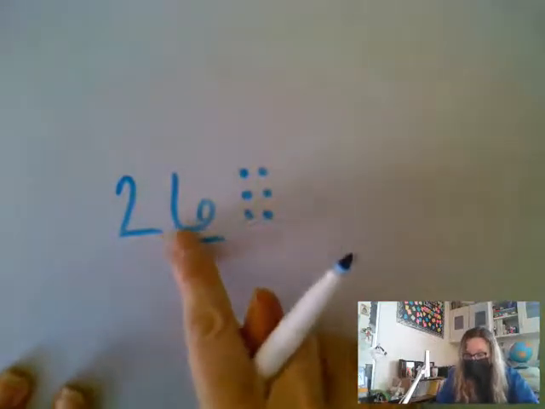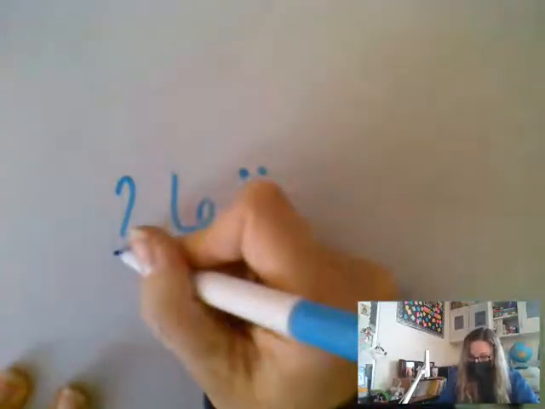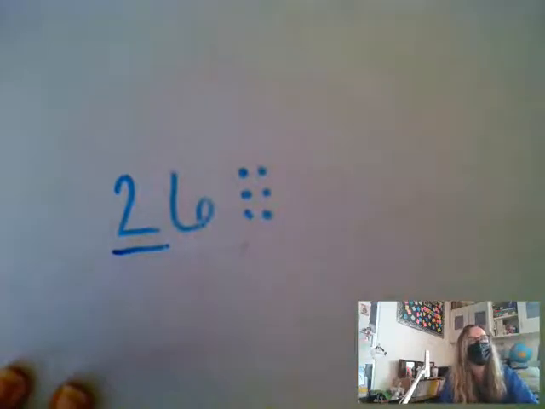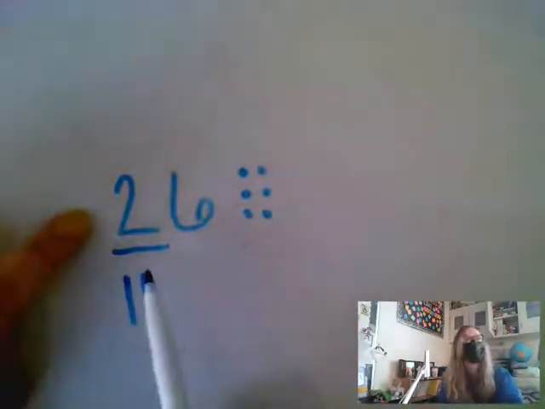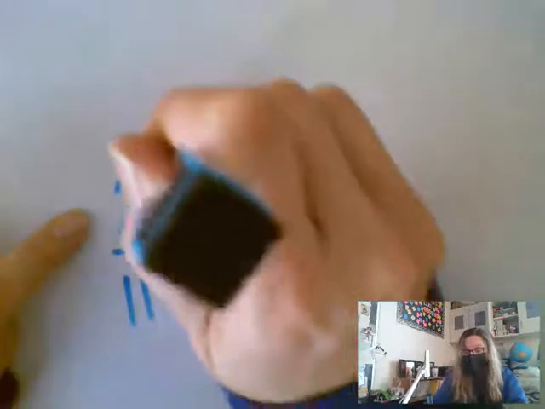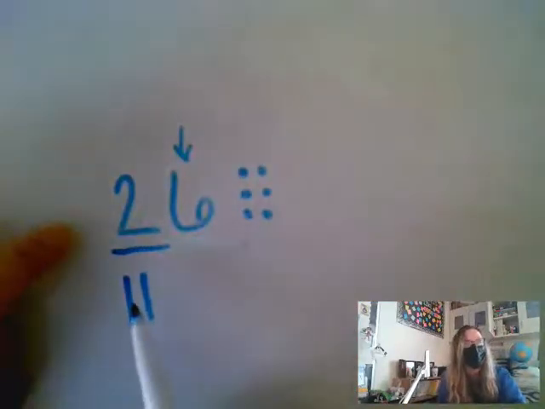Now let's underline the 2. What is the value of the 2, Noah? 20. 10, 20. We can't say 2 because it's not in the ones place. So we know that the value of this number is 20. Okay? It's another way of wording it, but it's the same thing we've been doing.